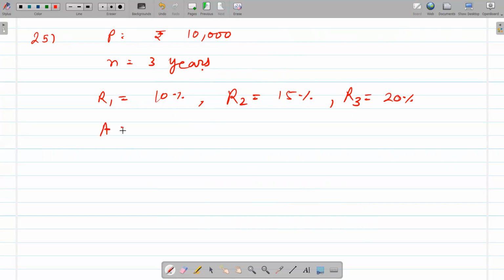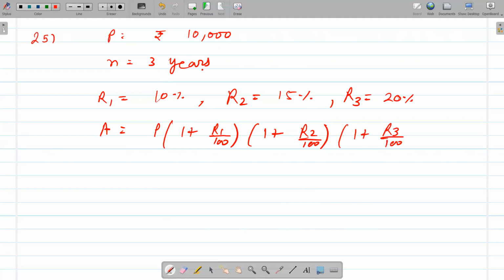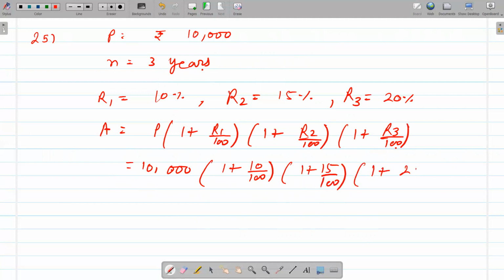So amount is equal to P into (1 plus R1 upon 100), (1 plus R2 upon 100), and (1 plus R3 upon 100). तो ये आपका आ जाएगा 10,000 into (1 plus 10 upon 100) and (1 plus 15 upon 100) and (1 plus 20 upon 100).